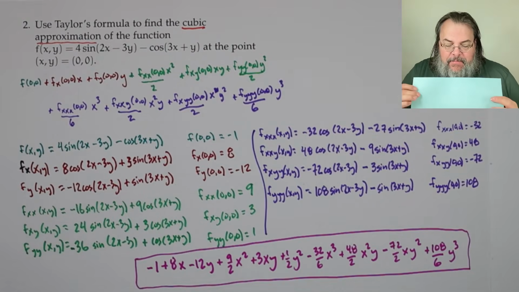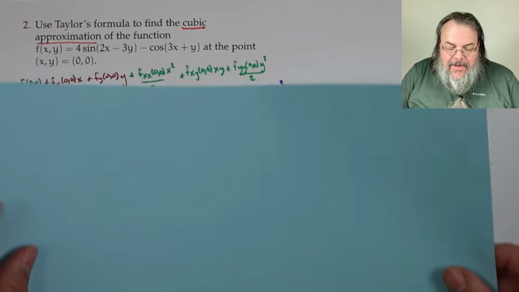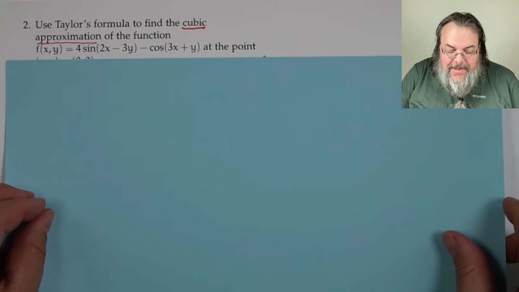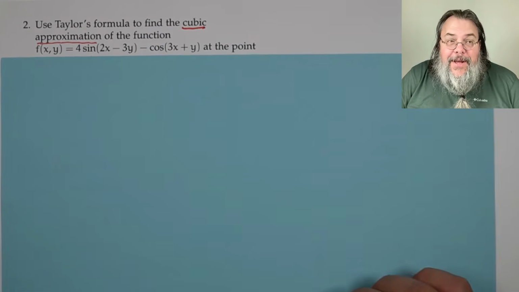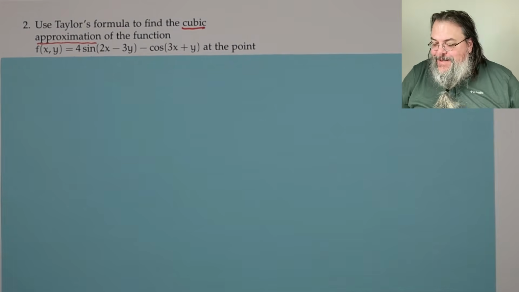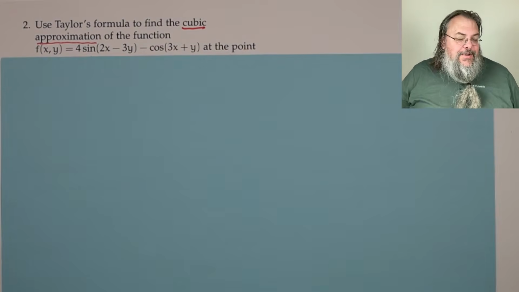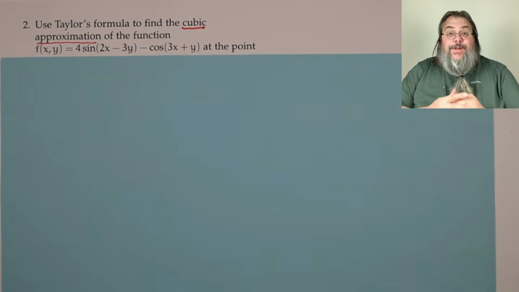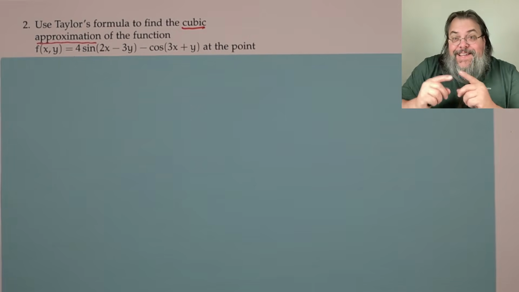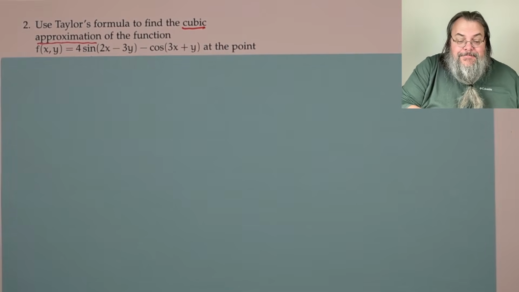I have another piece of paper here. And it turns out that there's a Calc 2 way to do this problem. And you're like, Calc 2? How can you do this with Calc 2? Well, you might remember in Calc 2 we learned about Taylor series.